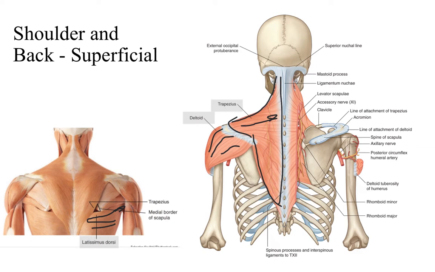One more space in this, actually a couple more things I wanted to show you. One is this triangle of auscultation right here. That has the border being the trapezius, the Latissimus dorsi, and the medial border of the scapula. So that's what you see here laterally is the medial border of the scapula.